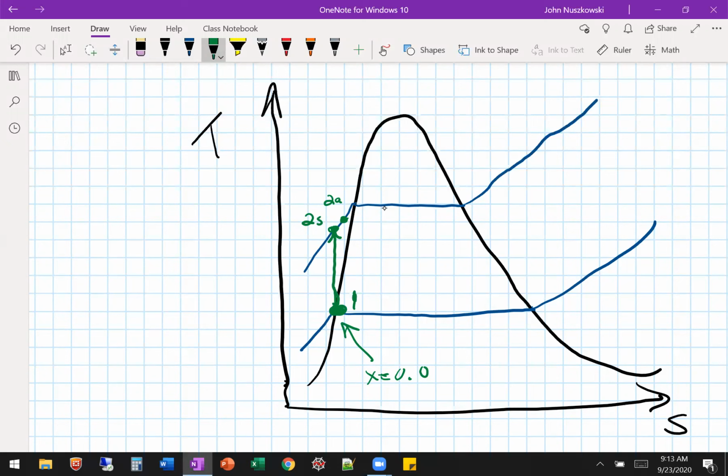All right, so now let's try that again. I'm trying to do a dash line here that's visible. All right, so then we get to 2 actual, right?